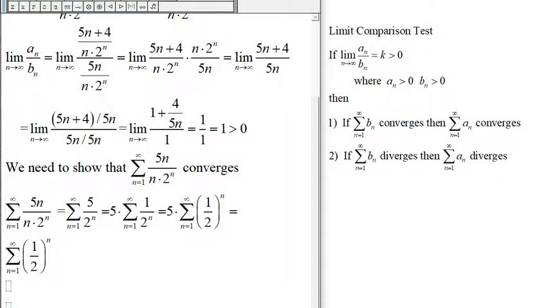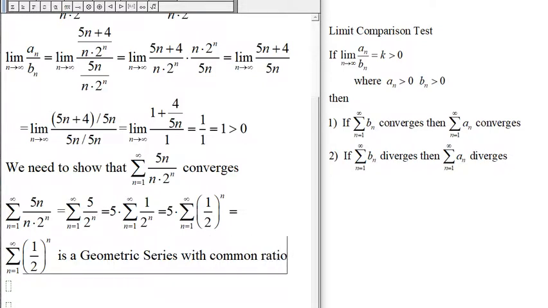And this right here is a geometric series with common ratio r equal to 1/2.